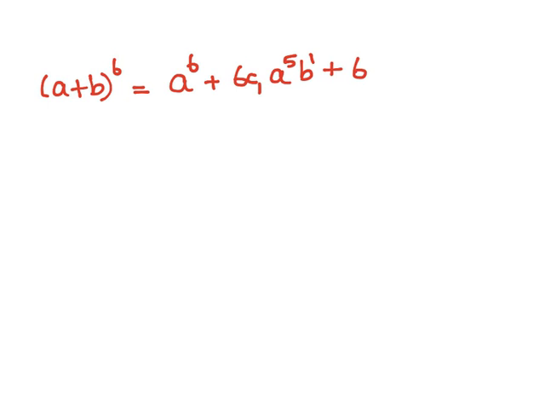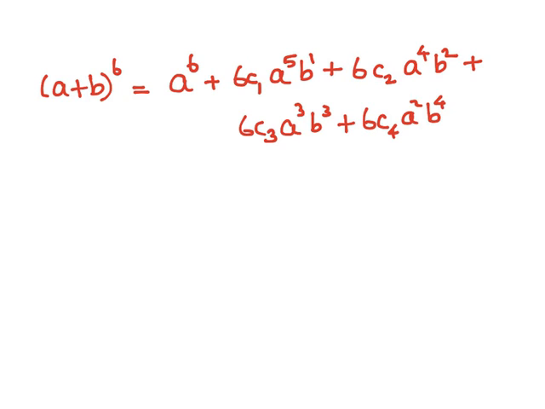So let me find the expansion of, let's say, a plus b power 6. The first term will always be a power 6, and 6c0 I'll write as 1. Then the next term will be 6c1, a power 5, b power 1, plus 6c2, a power 4, b square, plus 6c3, a cube, b cube, plus 6c4, a squared, b power 4, plus 6c5, a power 1, b power 5, plus b power 6.